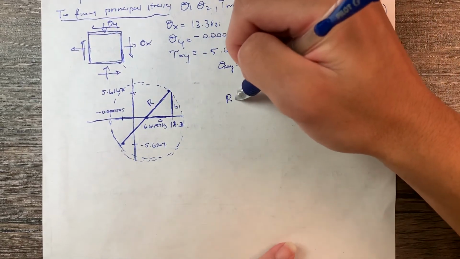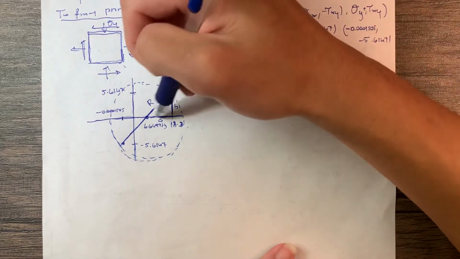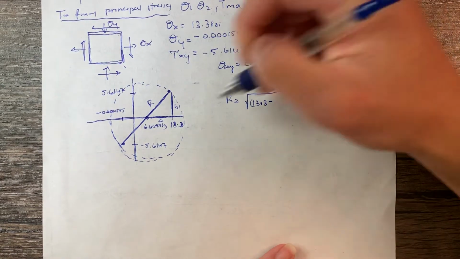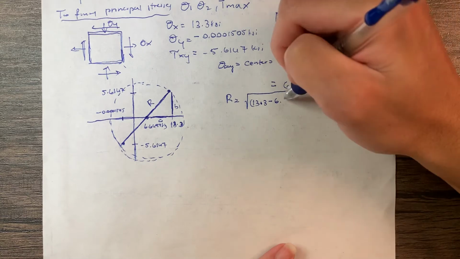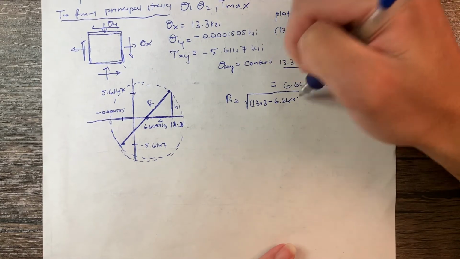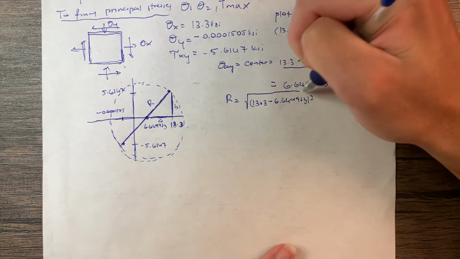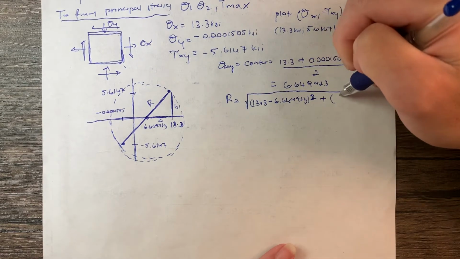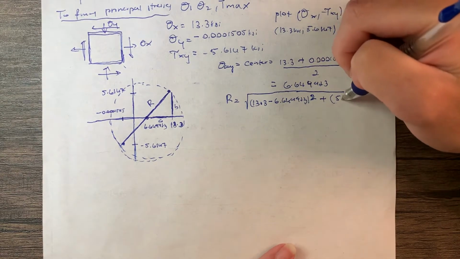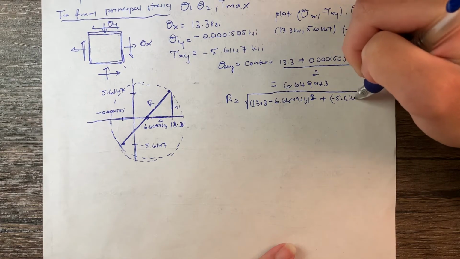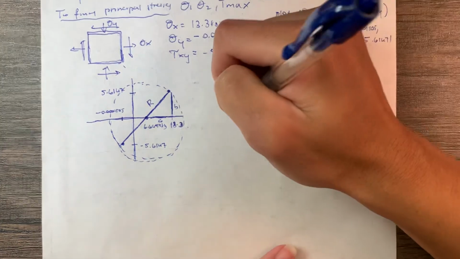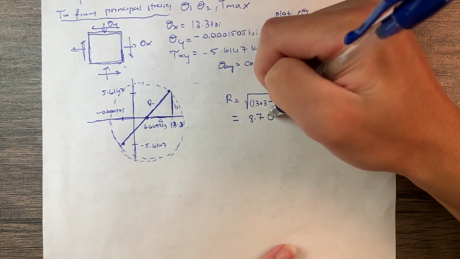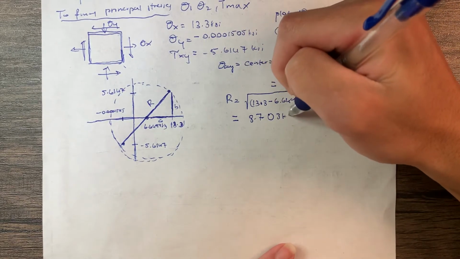So our radius is equal to the square root of 13.3 minus the center, 6.649923, squared, plus tau xy, 5.6147, squared. The radius turns out to be 8.703 KSI.